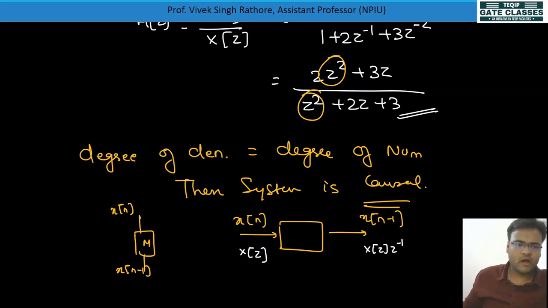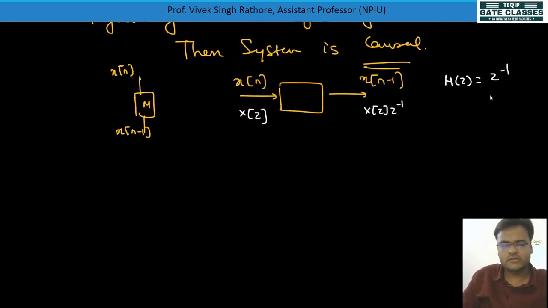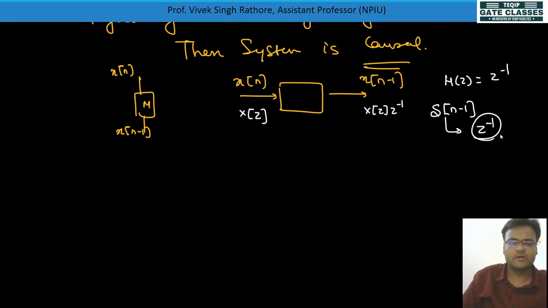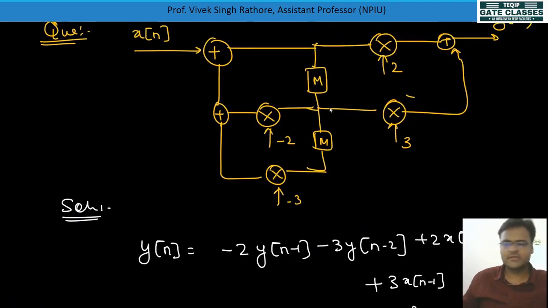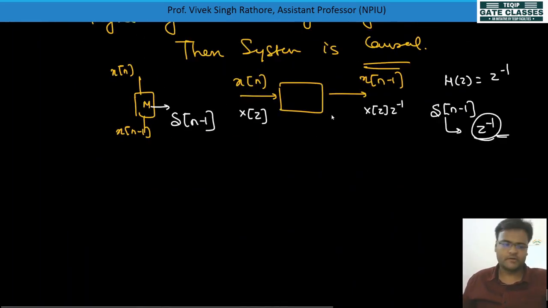If you take output by input, you get H of z, so X of z into z minus 1 over X of z, you will get z minus 1. And whose z transform is z minus 1? Delta of n minus 1. If you take the z transform of delta of n minus 1, you will get z to the power minus 1. So ultimately this delay factor is nothing but delta of n minus 1. So wherever I have written this m, this is nothing but delta of n minus 1.